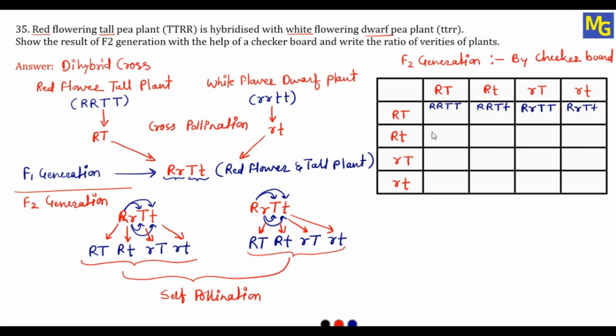Then here also the same thing, capital R, capital T, small t, capital R, small t, capital R, capital T, small t, then capital R, small t, capital R, capital T, capital R, capital T, and this is small r, capital T, small r, capital T, and small t.